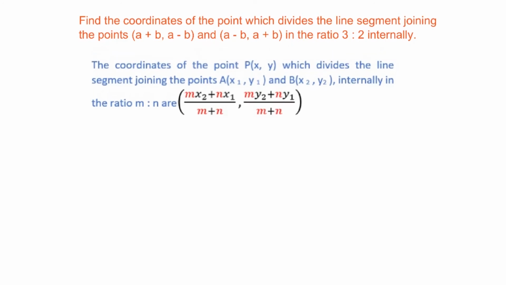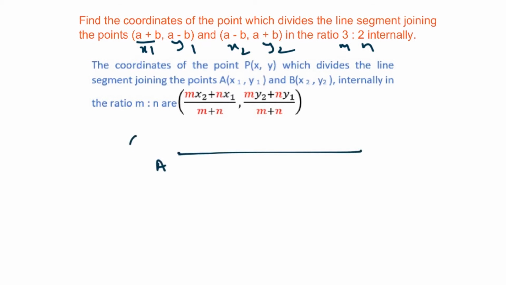Here we will take this as x1, y1 and this as x2, y2, and 3:2 is m:n. Suppose this is point A, which is (a plus b, a minus b), and this is point B, which is (a minus b, a plus b).